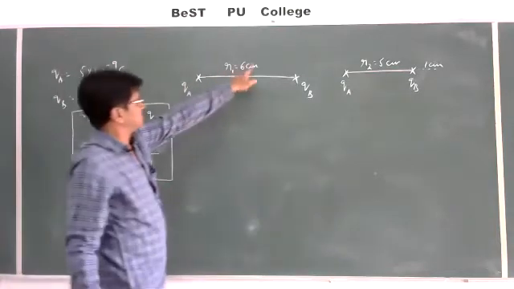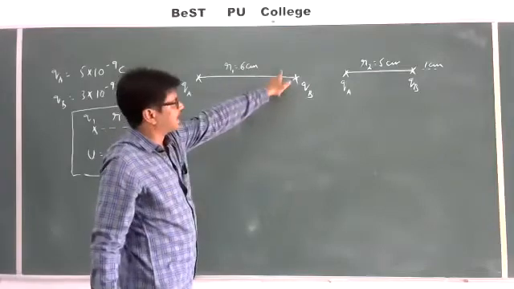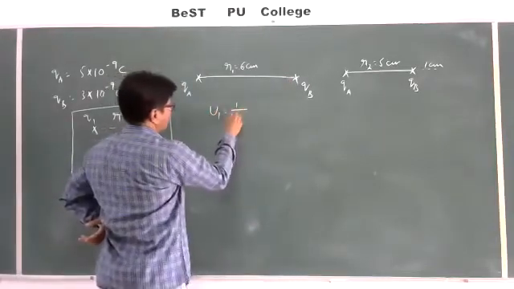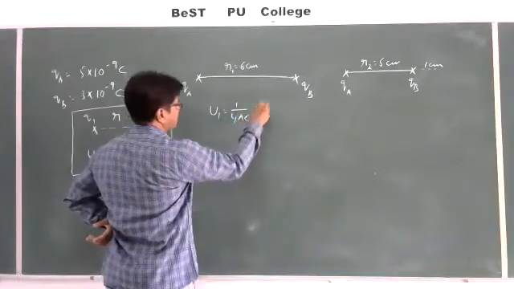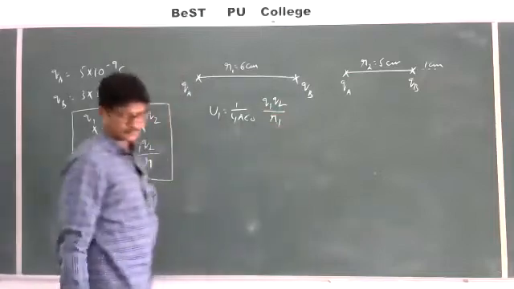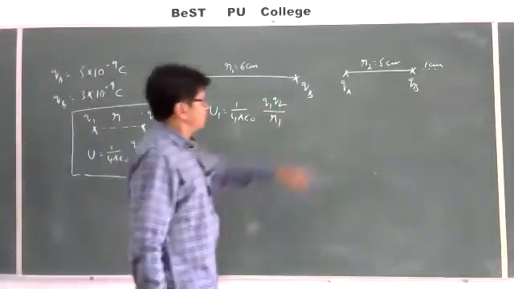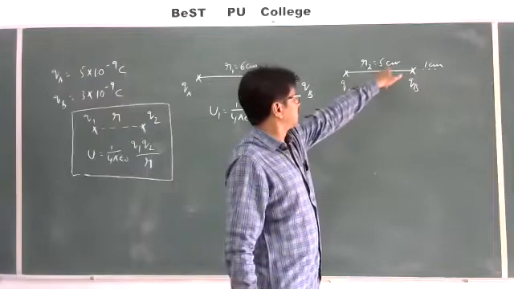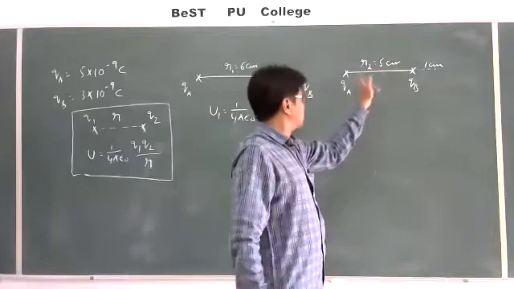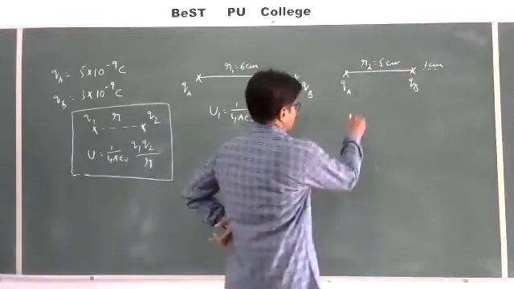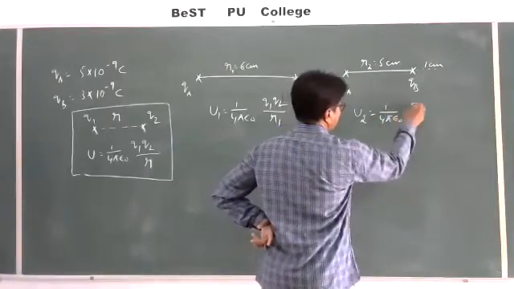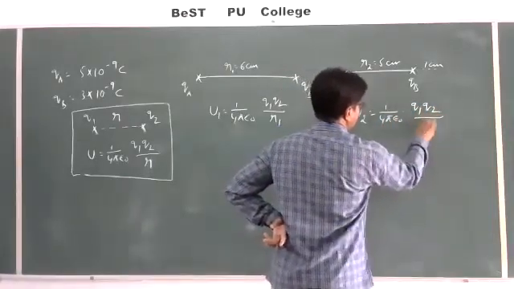When the two charges are separated by a distance R1, the potential energy U1 is 1 by 4 pi epsilon naught Q1 Q2 by R1. When the same two charges are separated by a distance of R2, the new potential energy U2 is equal to 1 by 4 pi epsilon naught Q1 Q2 by R2.